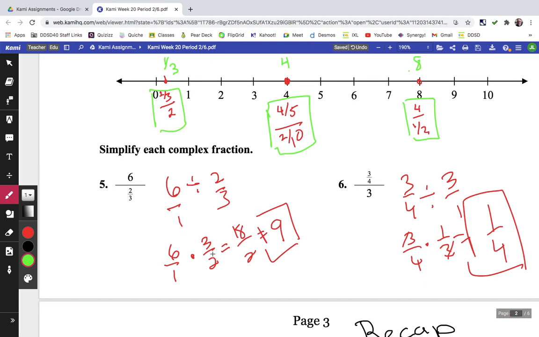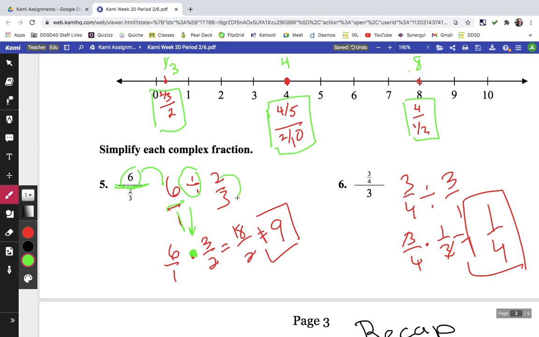And to simplify 6 over 2/3, remember this is like a division right here. That is division. So we put this 6 right there. We can always put it over a 1. And then 2/3, that becomes, right down here, 6 times the reciprocal of 2/3.